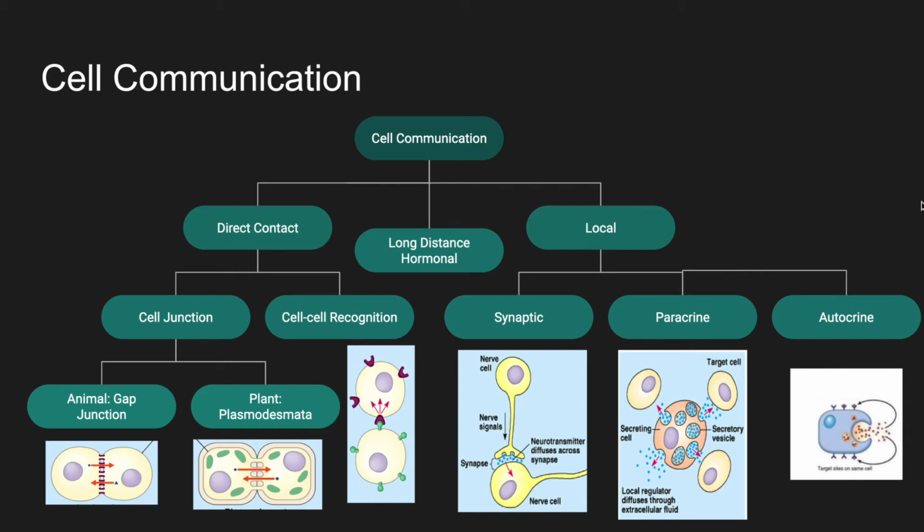So for long distance signaling, you can remember that it would have to travel through the bloodstream, and unlike all of these other types of signaling, it is happening not in the same tissue, not in the same area. It is interacting in a larger scheme transmission pathway, if that makes sense.